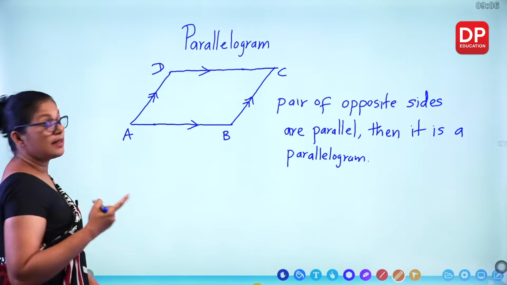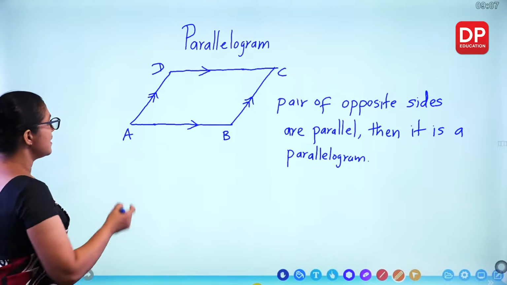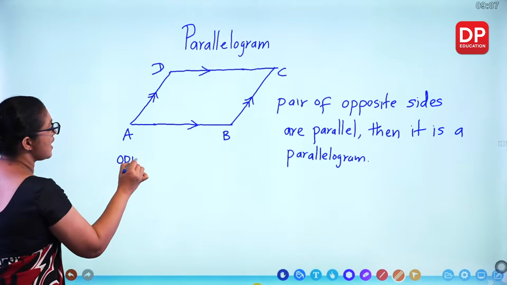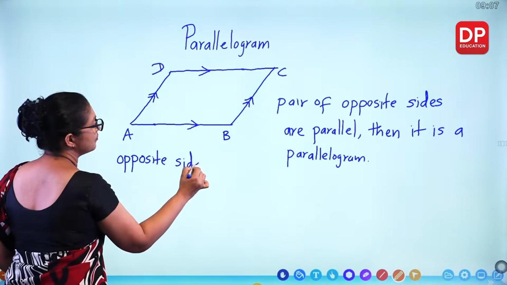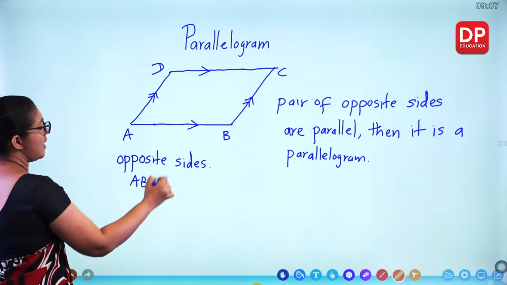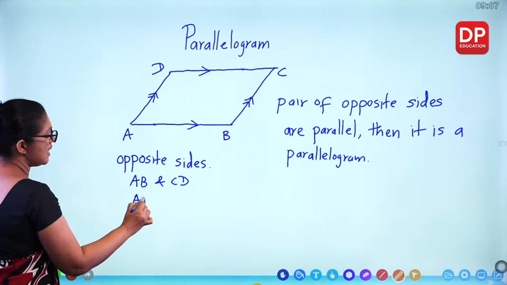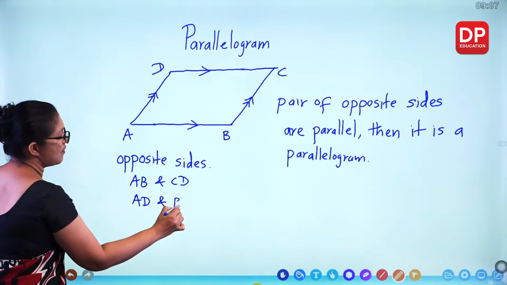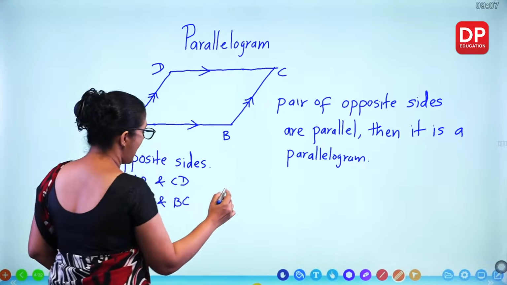And we'll identify what are opposite sides and opposite angles. If you take opposite sides, AB and CD. If you take AD, that's with BC. What are opposite angles?